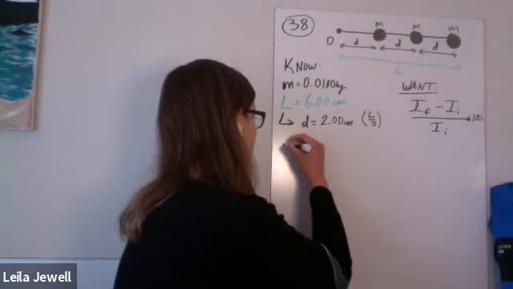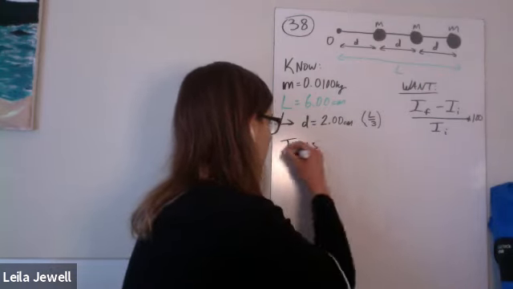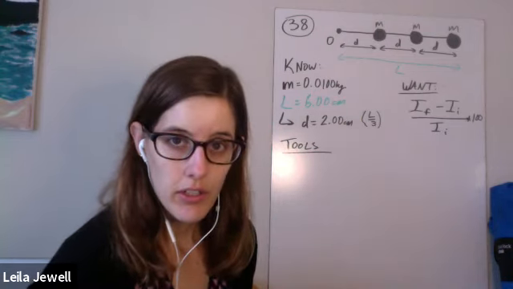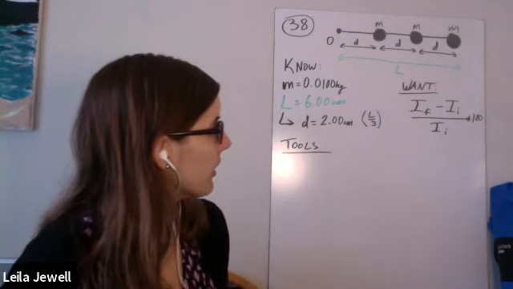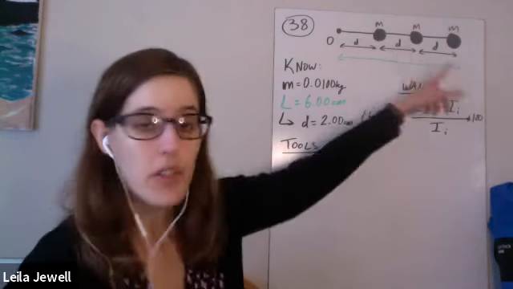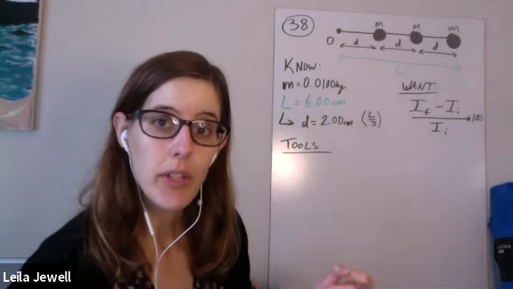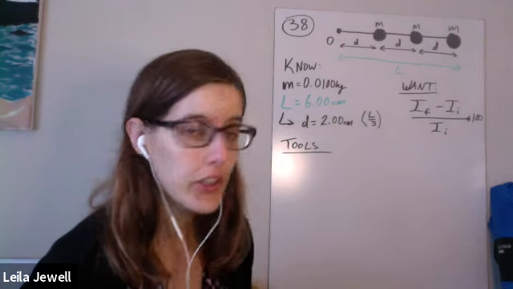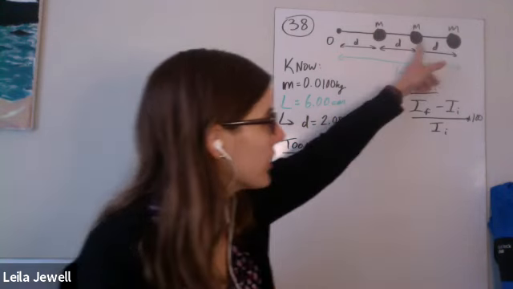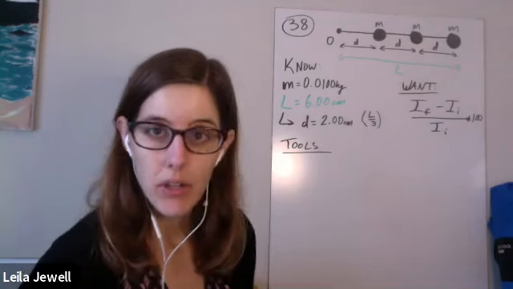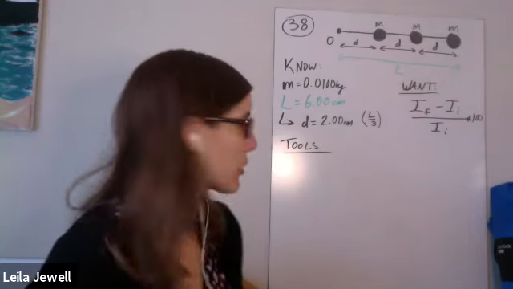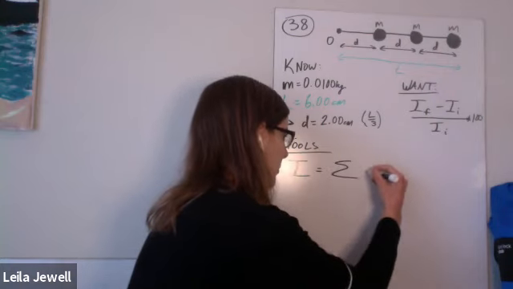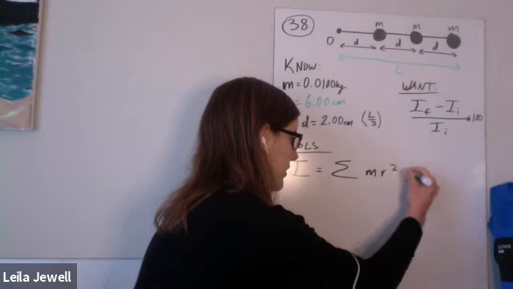Now, we want to think about what tools we have. And the main thing we need is a way to figure out our rotational inertia. And the key here is, they first off tell us that the rod is of negligible mass. That's really great because it means we don't need to consider its rotational inertia. All that we have to consider are these masses that have been glued to the rod. Those are particles, so we can get our total rotational inertia by just summing up the masses times their distances squared.